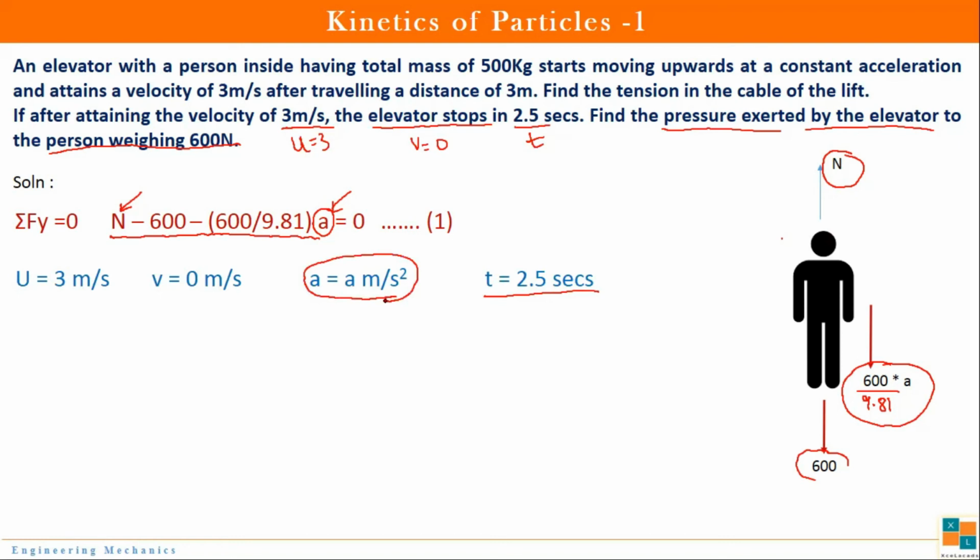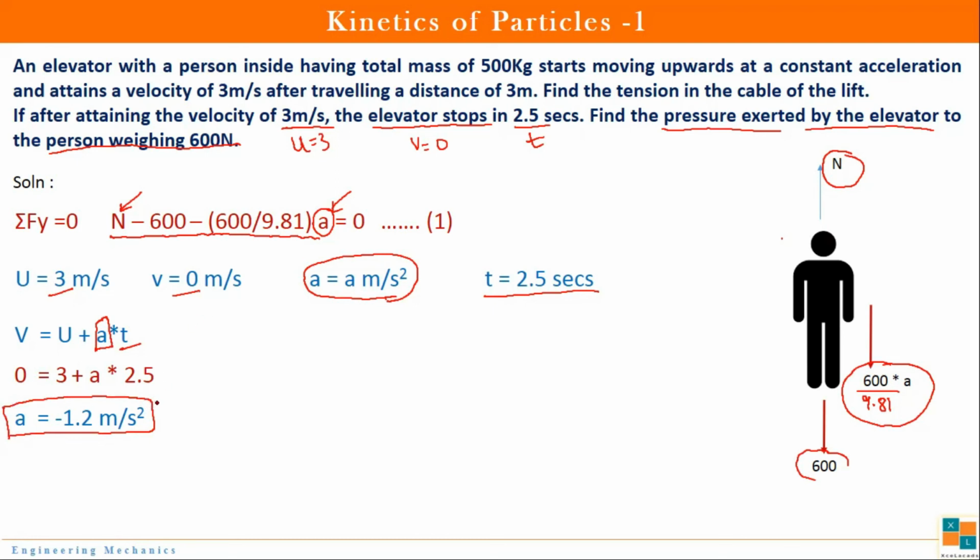Again I can use any one of the equations of motion. Let us say I am using v is equal to u plus at. In this equation, v, u and time are known to me. The only unknown is a, which we can find out. Substituting the values, I will get the answer for a as minus 1.2 meter per second square.